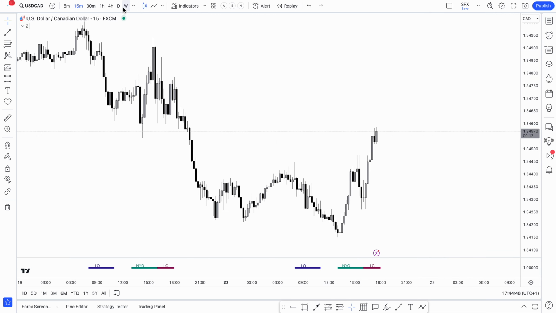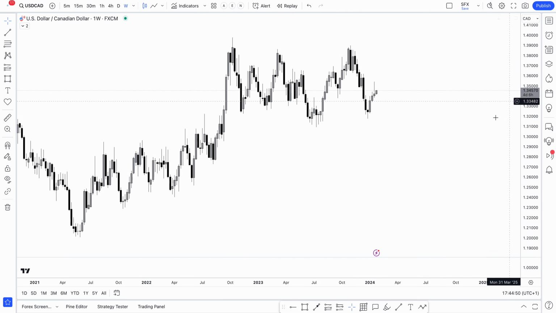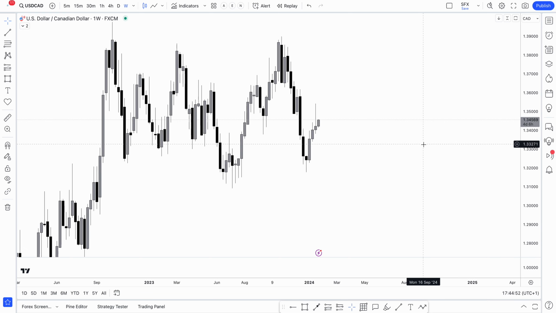So Usdcad, let's start with the weekly. Weekly is definitely bullish, as with Usdcf. Now, previous week rejected the order block that I was talking about on Usdcad. We rejected it. Now we are just pulling in, right, to fill this week. Now, the thing is, we have a lot of news happening for Usdcad, for the Canadian dollar, on the Wednesday, right?